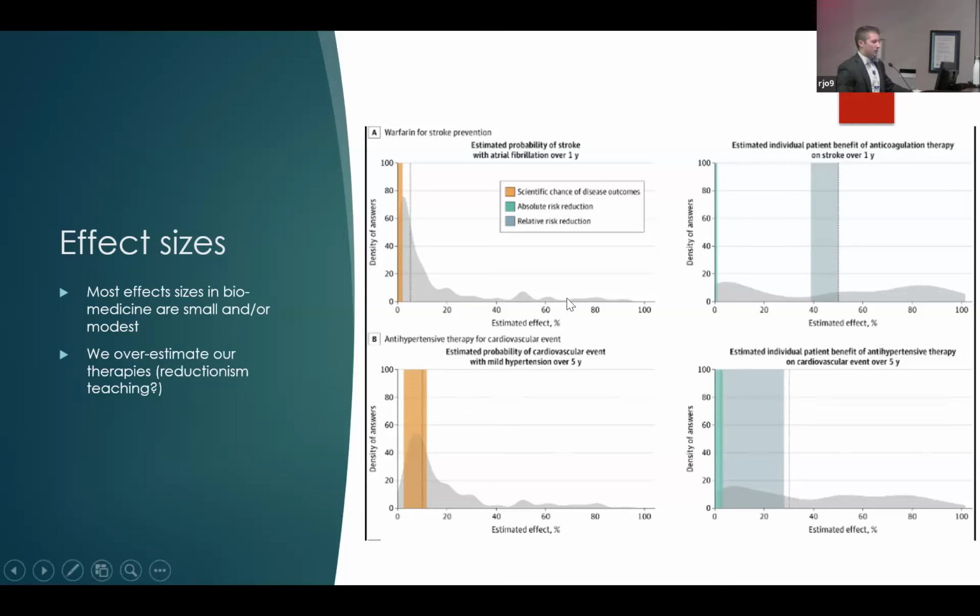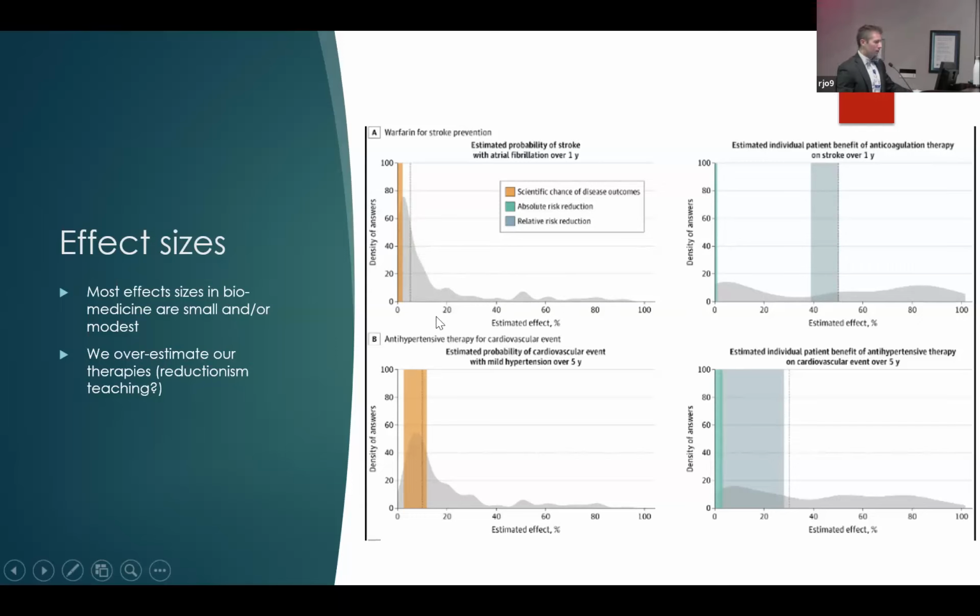For example, in this case, it was how likely do you think your patient is to have a stroke if they have AFib? They forced them to put a percentage down for the next year. The gray shaded area that looks like a mountain range is the range of responses, and the dotted line is the average.